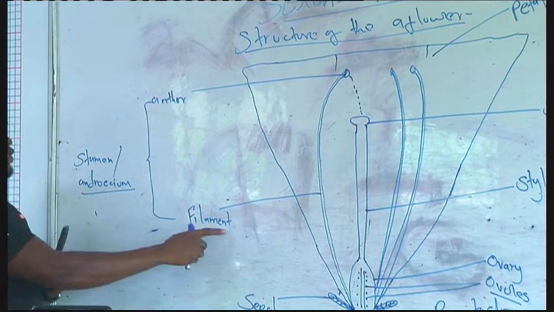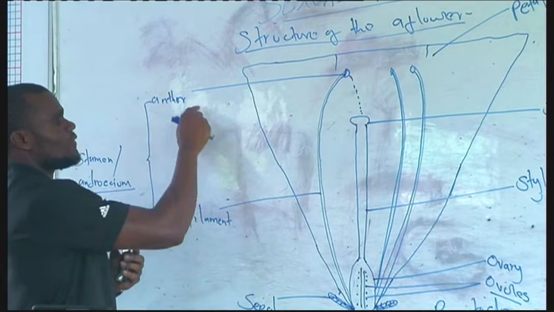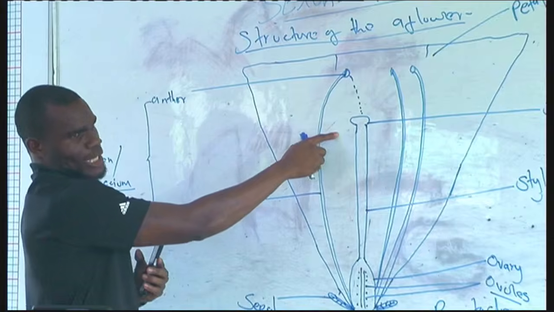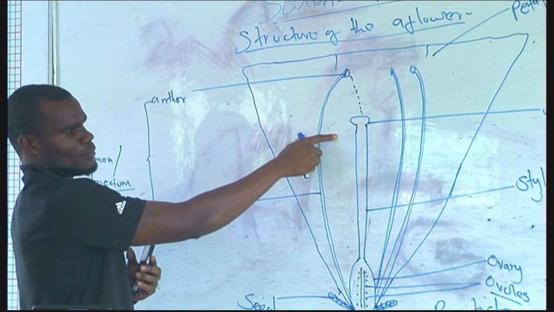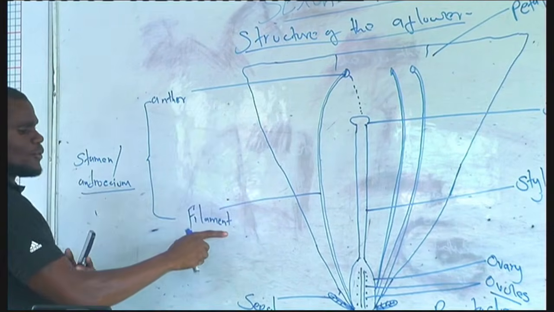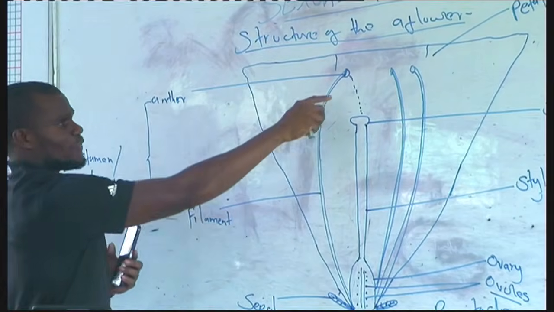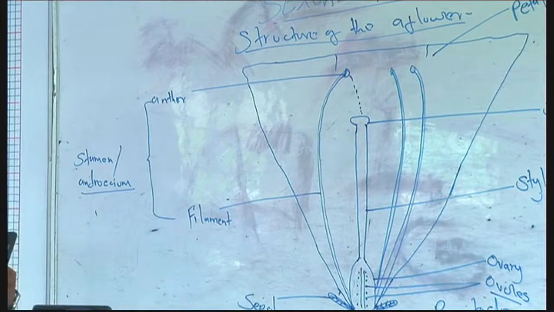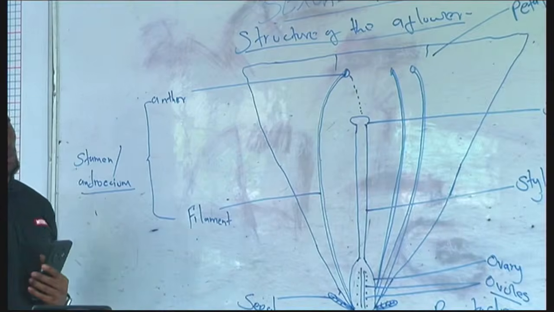The filament is the structure that holds the anther in position for pollination.